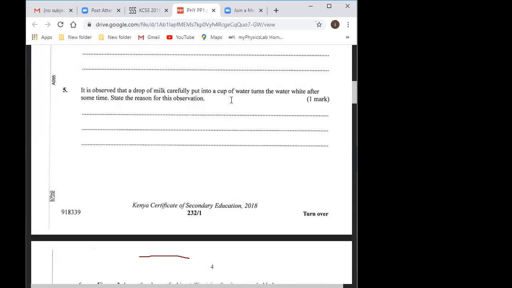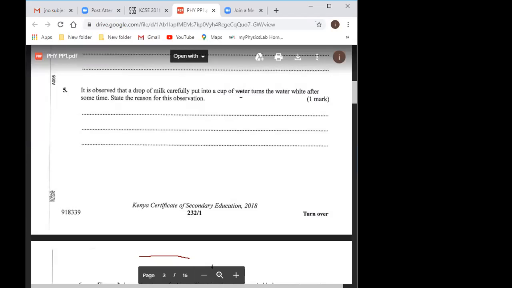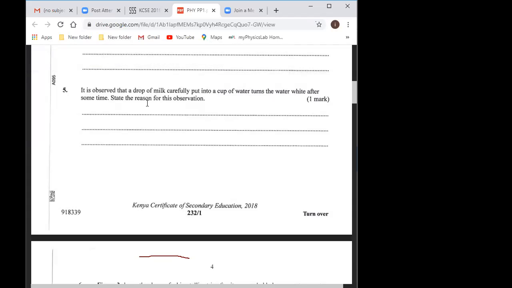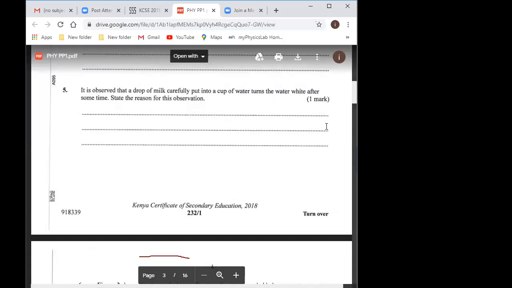Why do you think that a drop of milk carefully put into a cup of water turns water white after some time? Because of diffusion, and you go ahead to explain that milk particles get in between the water particles. So that is diffusion. We move on to the next.